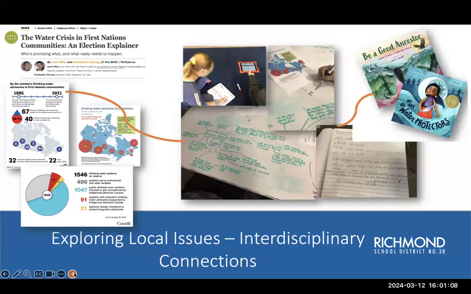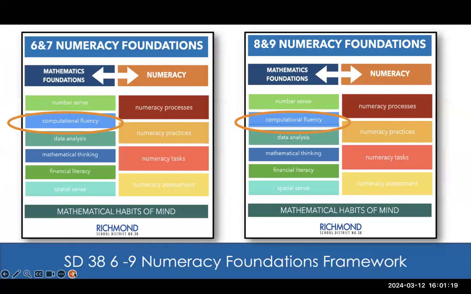So there was a lot of computational fluency happening, but it's an example of an application of that in a meaningful numeracy task.